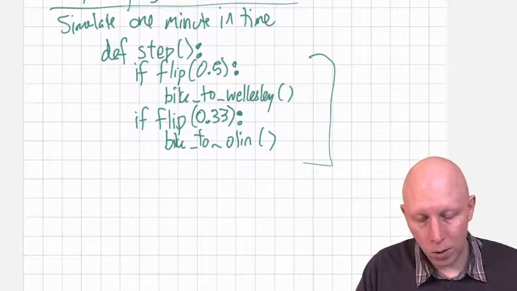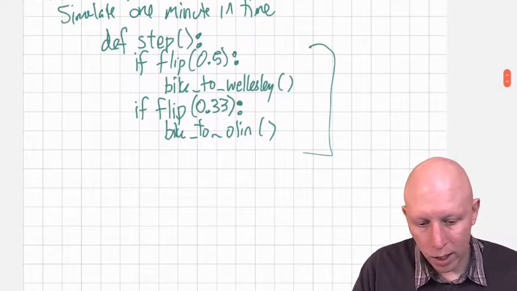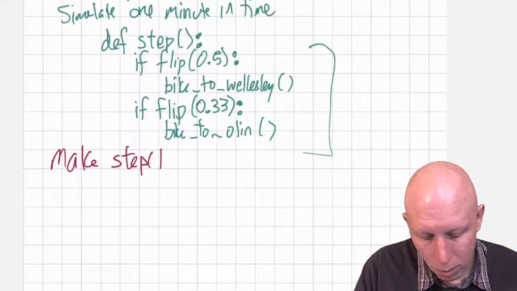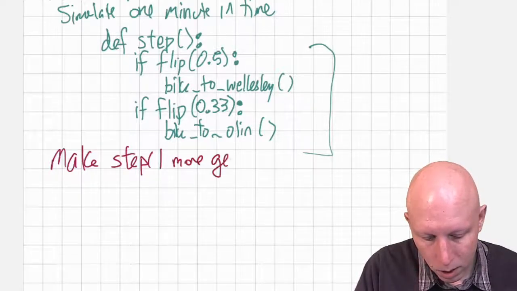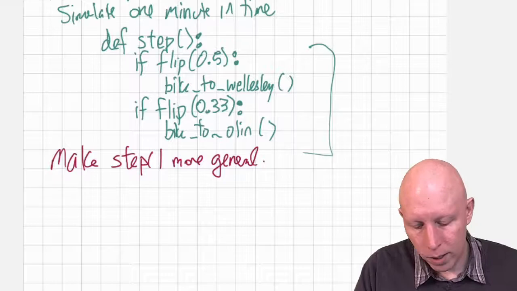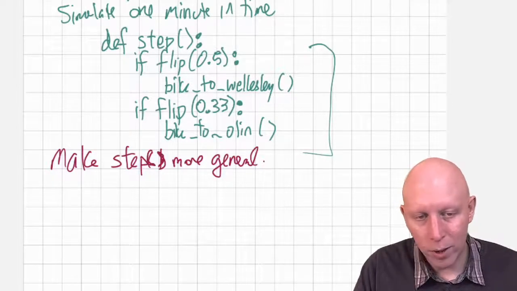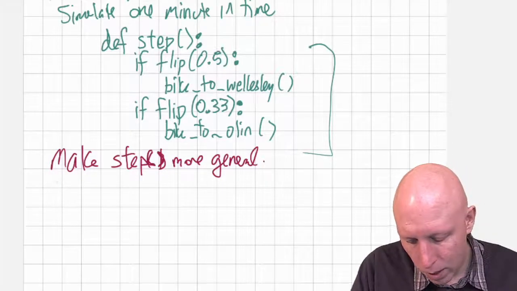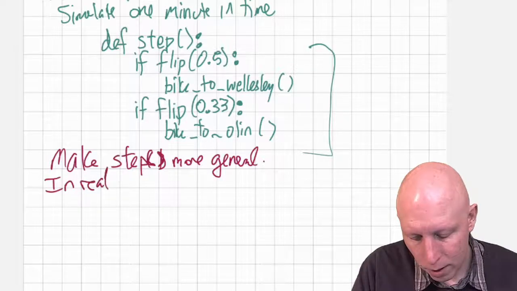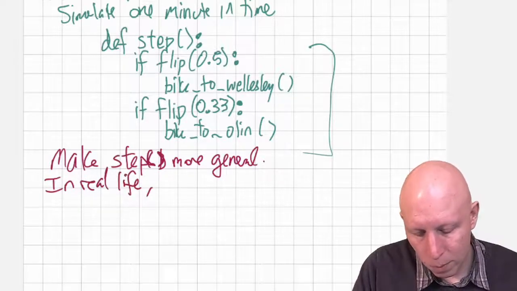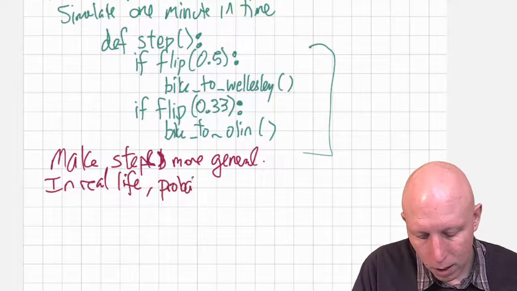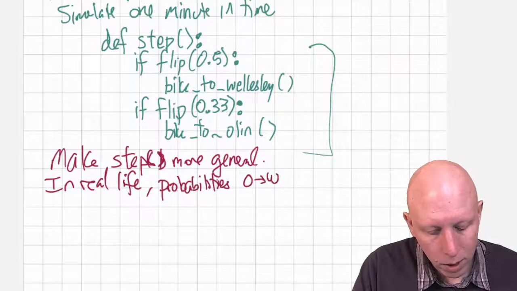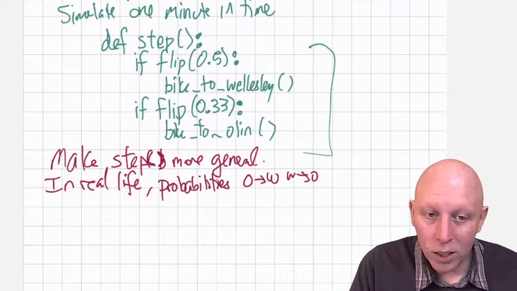Here's the code that we were talking about, and our goal right now is to make the step function more general. So why might we not be happy with the step function the way it is? It's because in real life, the probabilities of moving from Olin to Wellesley or Wellesley to Olin will change over time.